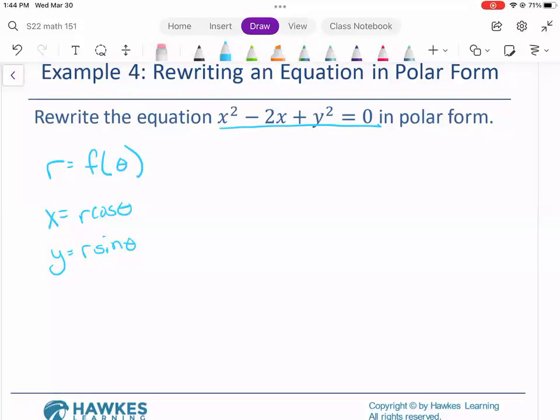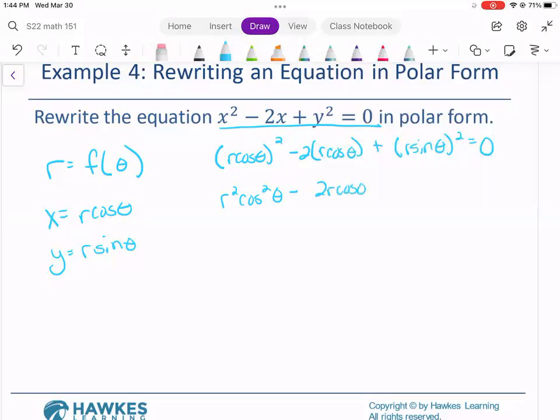each x we're going to replace with r cosine theta. So this is (r cosine theta) squared minus 2 times r cosine theta plus (r sine theta) squared. When we multiply out, we get r squared cosine squared theta minus 2r cosine theta plus r squared sine squared theta.